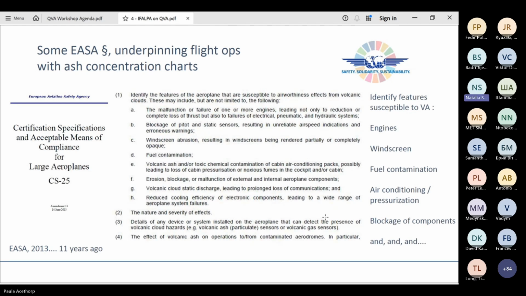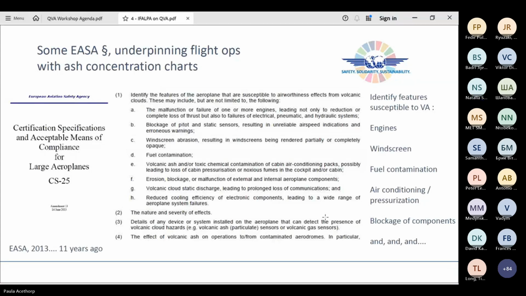And here is more hands-on. That was from 2011 or 2013. Also to be considered in the safety risk assessment are the things that come to mind when you think of volcanic ash: the engines from Rolls-Royce, the windscreen can be quite opaque, and fuel contamination could also be a factor, and air conditioning.